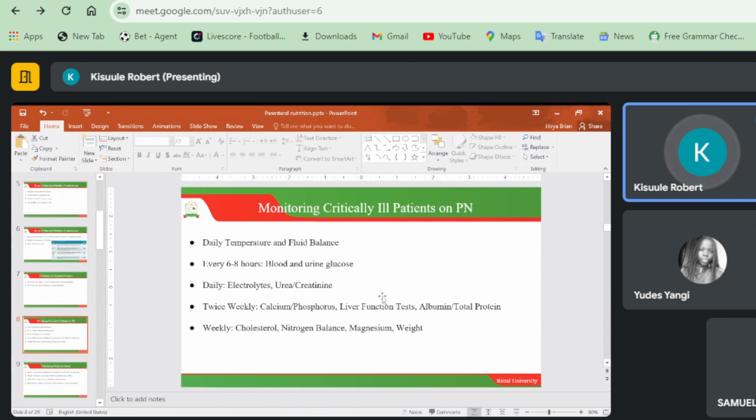For fluid balance, when there is accumulation of fluids, I think what happens is ascites. When there is a lot of accumulation of fluids in the thoracic region, I hope so, if I'm not wrong. Is it in the thoracic region or in the abdominal area?